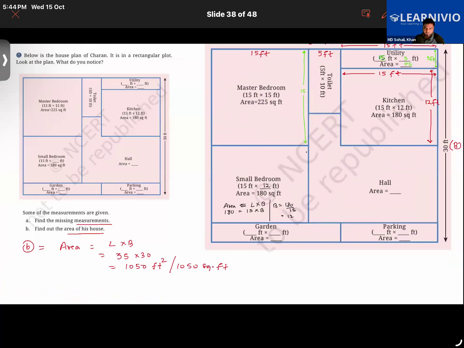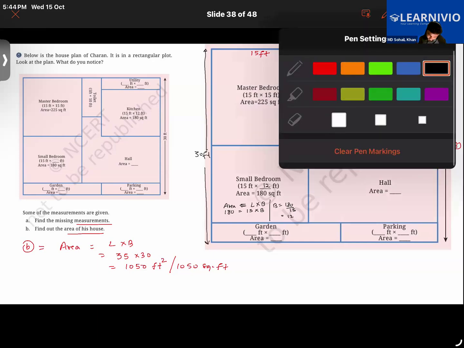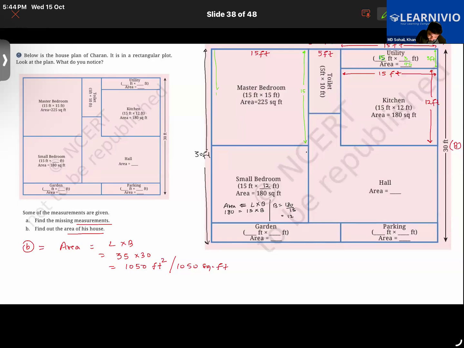Now you know that this entire side is given as 30 feet in the question. Then this much is equal to 15, and this much is equal to 12, because you see this is breadth and that is length, and breadth is less than length.